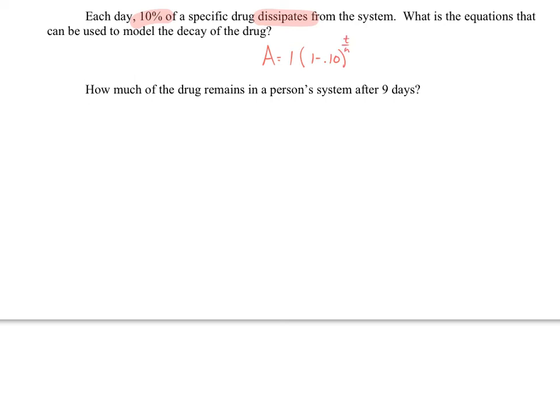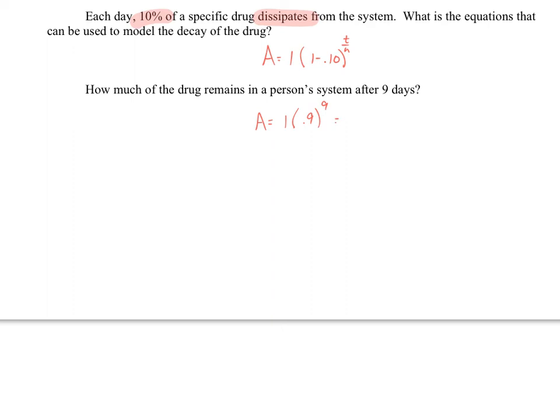And if we're talking about each day, the time is in days, the drug dissipates by this much once per day. So n is going to be 1 for us once again. So how much of the drug remains in a person's system after 9 days? The total amount will equal 1 times 0.9 to the 9th power.